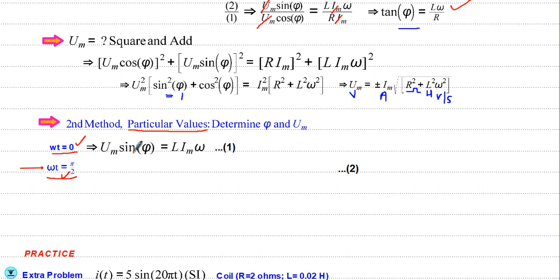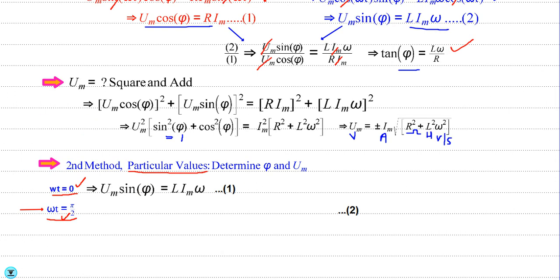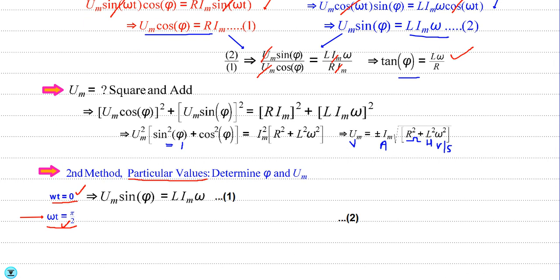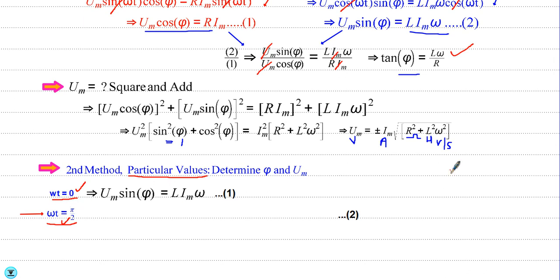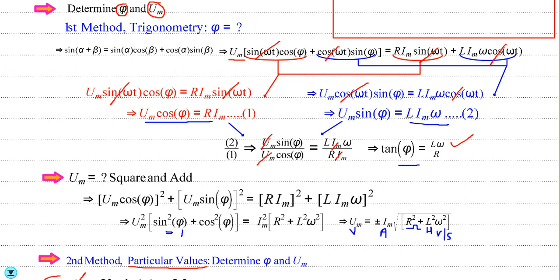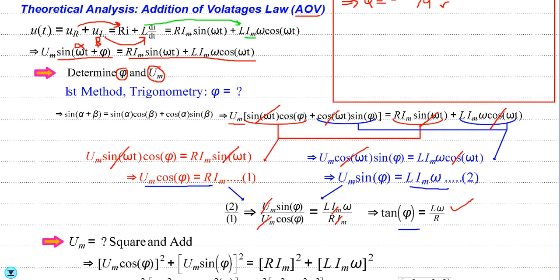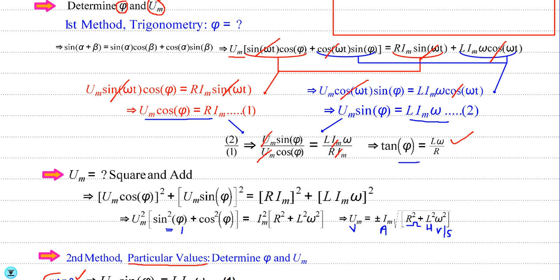So we have Um sine phi, as we have done previously, is equal to Im omega. So where did we substitute omega t? In the first equation, as we can see.